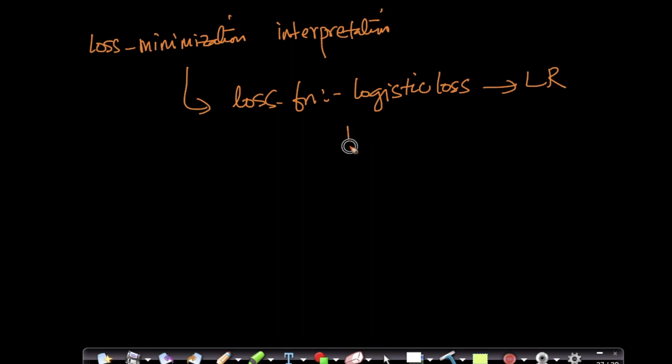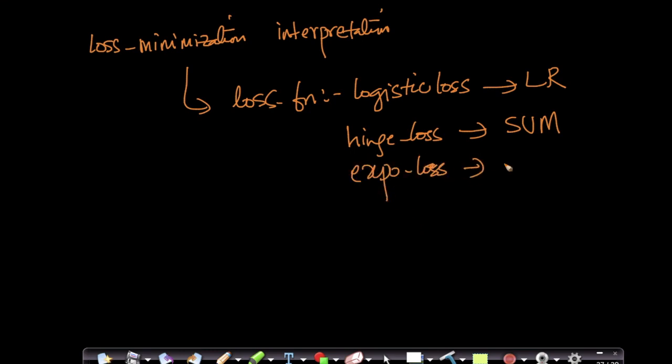If your loss function is hinge loss, what you get is support vector machines. There are other losses here. There is something called exponential loss. When we have this, we get an algorithm called AdaBoost. There is also something called squared loss. When we use squared loss, we get linear regression.